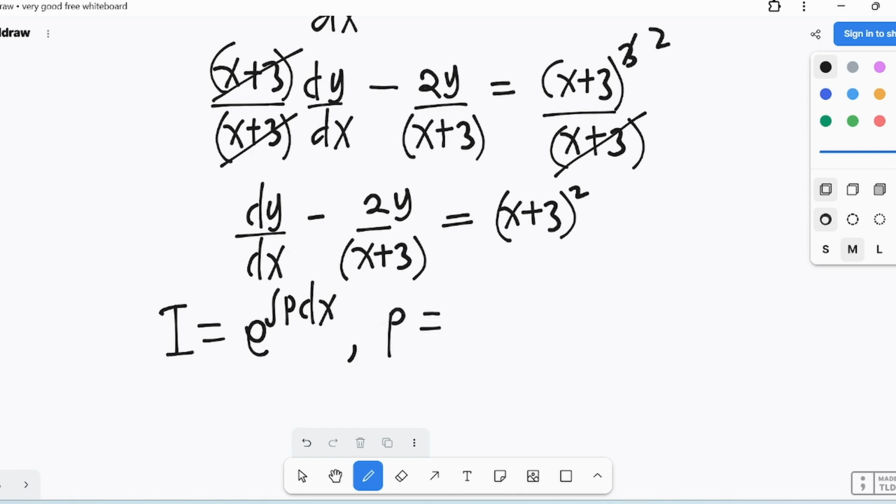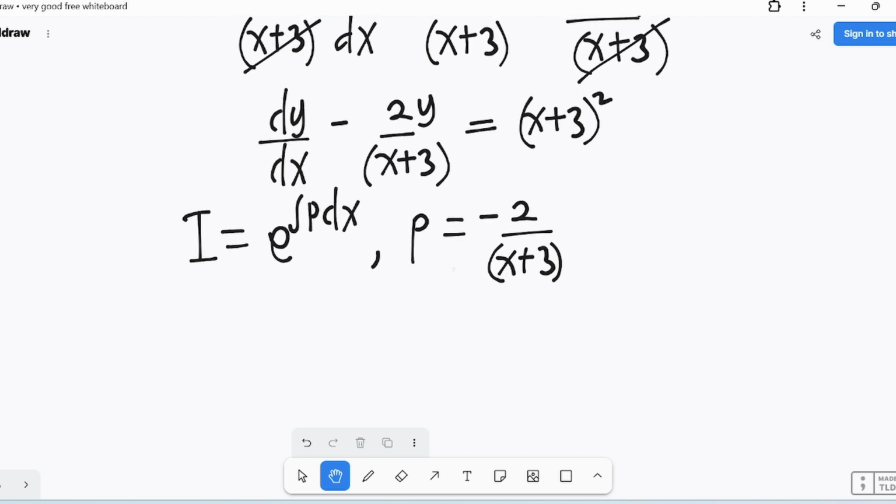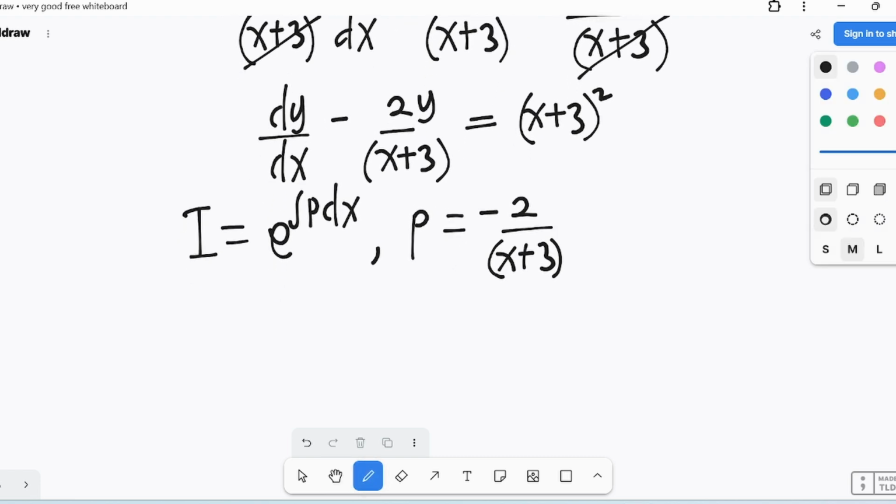Our P is negative 2 out of (x + 3). So we go ahead and get the integrating factor. It will be the exponential of the integral of negative 2 out of (x + 3) dx.